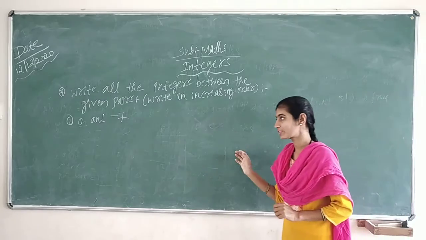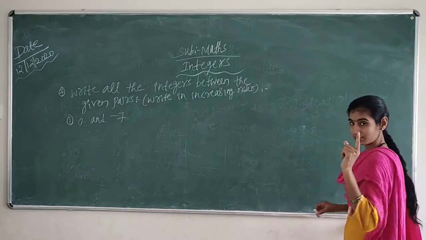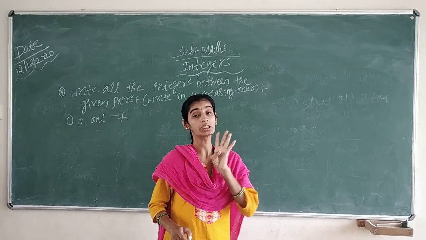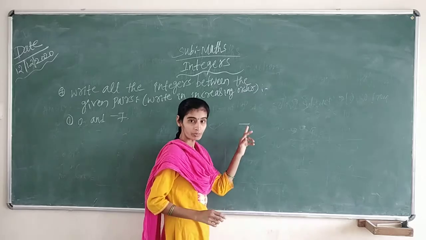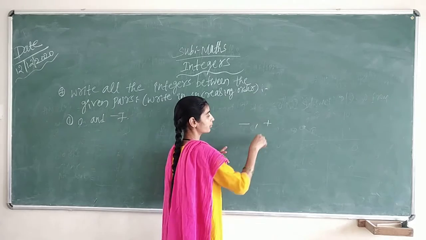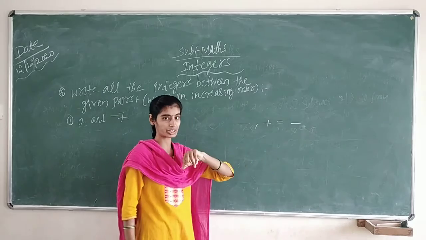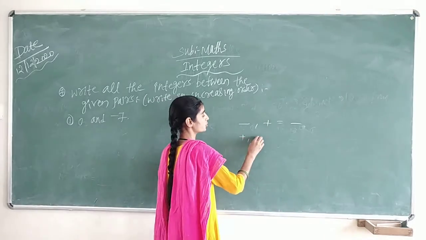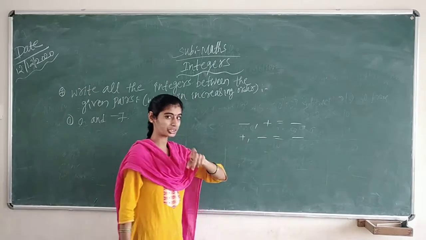And we have seen some sign rules. Yes, we have seen 4 important sign rules. When one number is negative and the other number is positive, you have to do the subtraction. When one is positive and one is negative, again you have to perform subtraction.